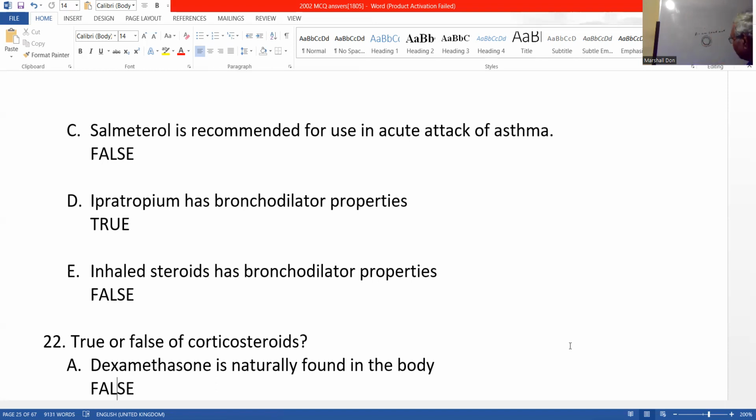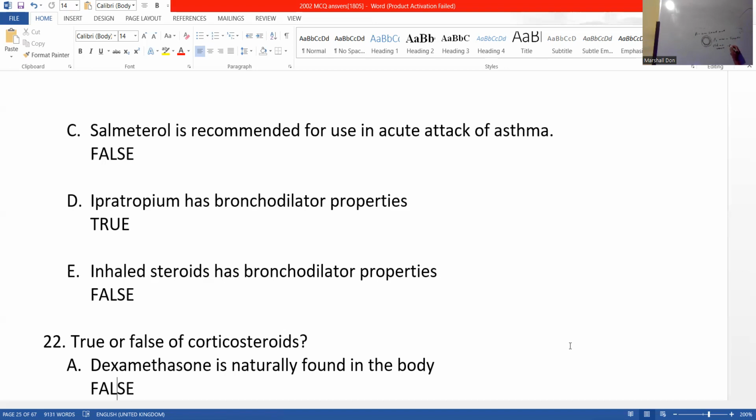So this is enlarged by two types of receptors. One is beta 2 receptors. Other one is cholinergic receptors. So this is sympathetic.